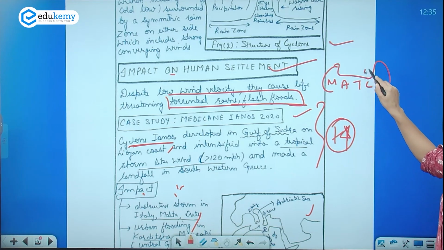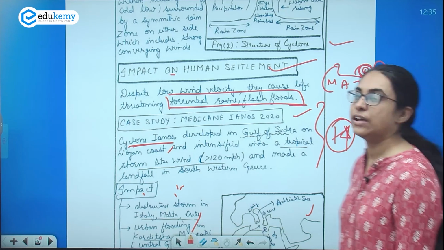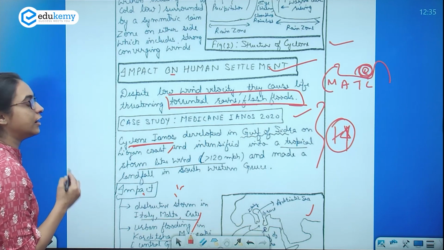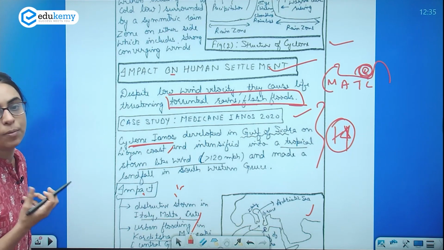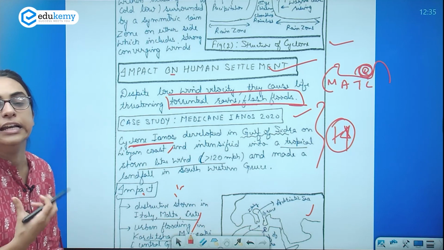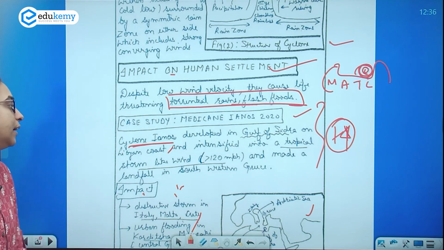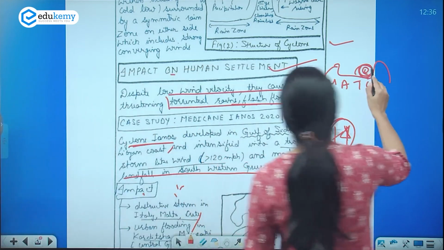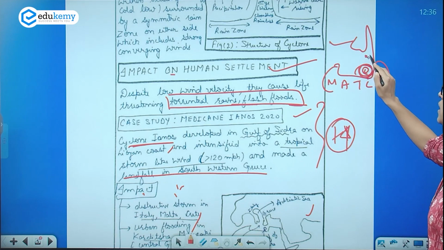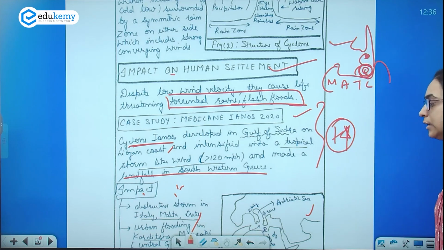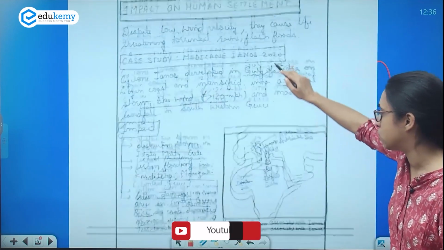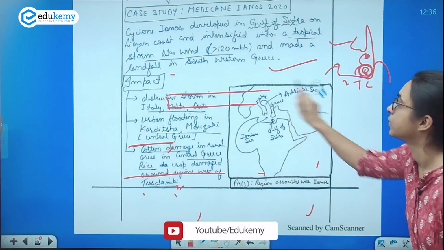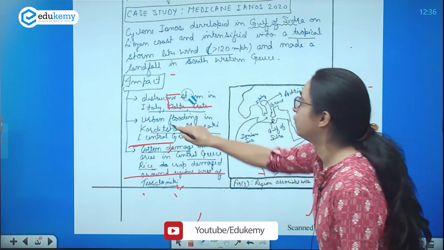Along the Libyan coast, cyclone Ianos developed in the Gulf of Sidra, a low pressure was developed, and later on it intensified to become a Medicane, and this made a landfall in western Greece. So this is your Italy, this is the Greece area, and it made a landfall in the Greece area. Here the diagram has also been shown: the Gulf of Sidra, Greece, and the landfall.